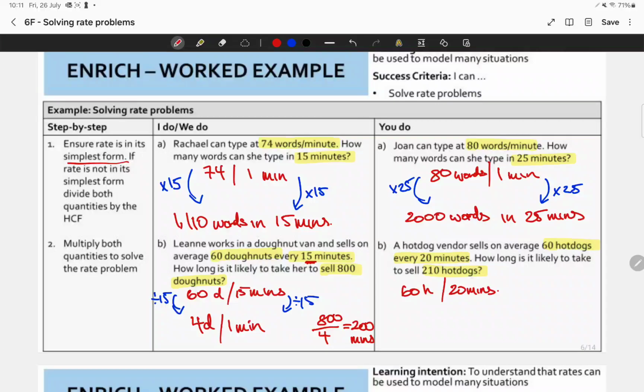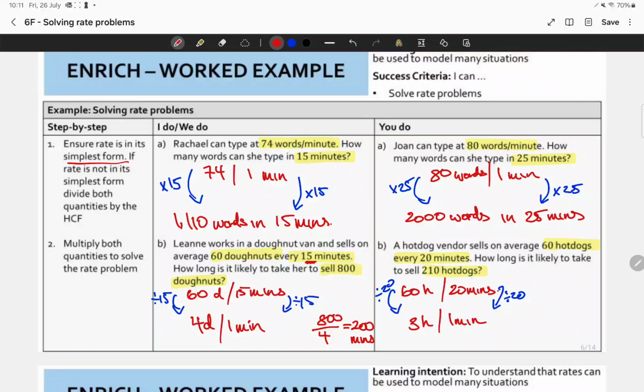I'm going to get that down to the simplest form. So I'm going to divide this by 20 to try to get it to 1. So divide by 20, divide by 20, which means 60 divided by 20, he sells 3 hot dogs every 1 minute.